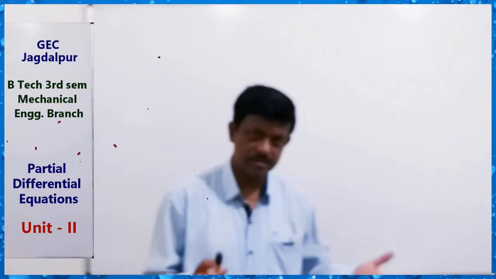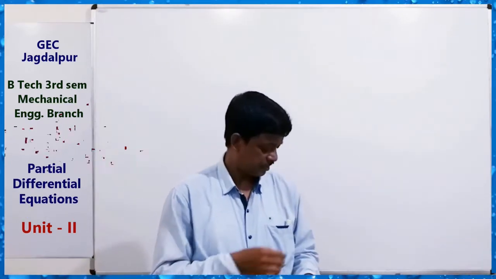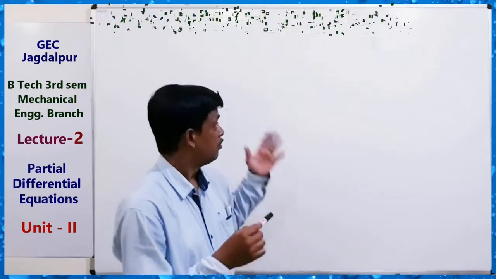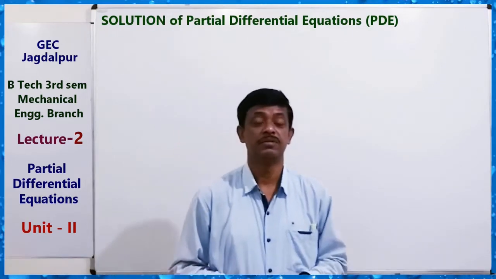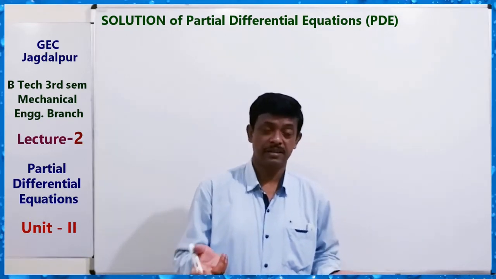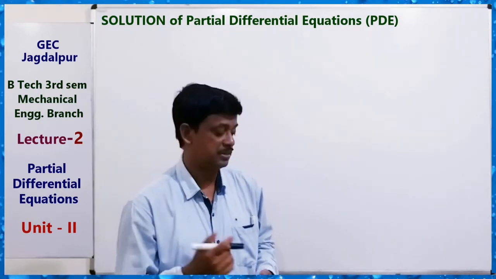I have already discussed in a previous class how we can form a partial differential equation. We know a partial differential equation can be formed by eliminating arbitrary constants and arbitrary functions.